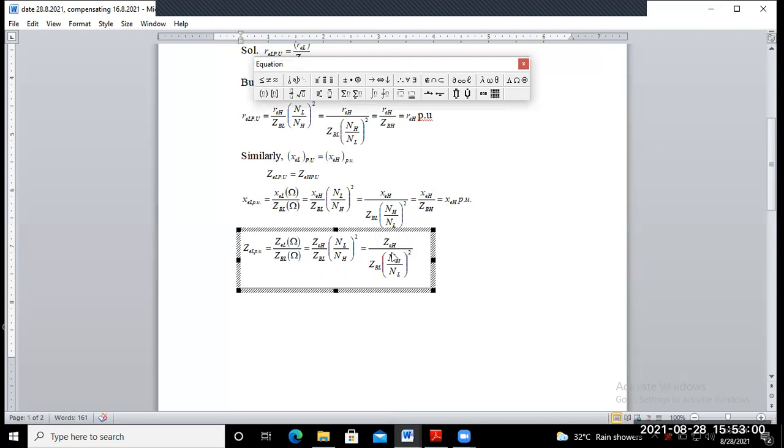So this one simply we can write as ZBH, that means base impedance on the high voltage side. This becomes ZEH divided by ZBH, that is the base impedance on the high voltage side.